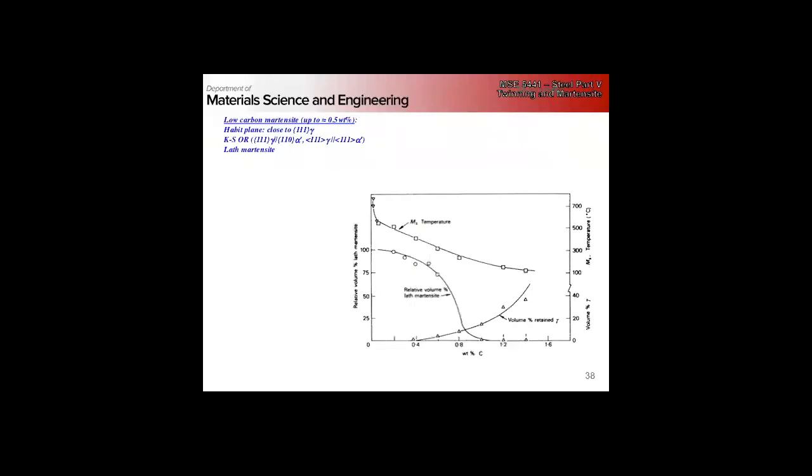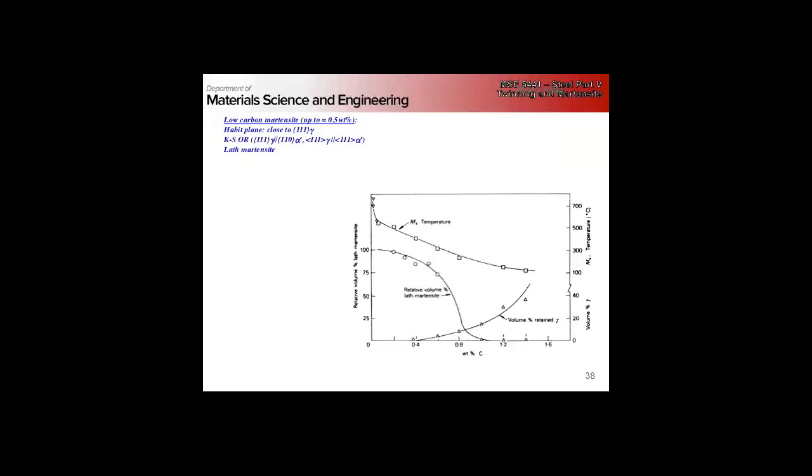So remember, in low carbon steels, you have a habit plane that's close to 111, and we have a Kurdyumov-Sachs-like orientation relationship.